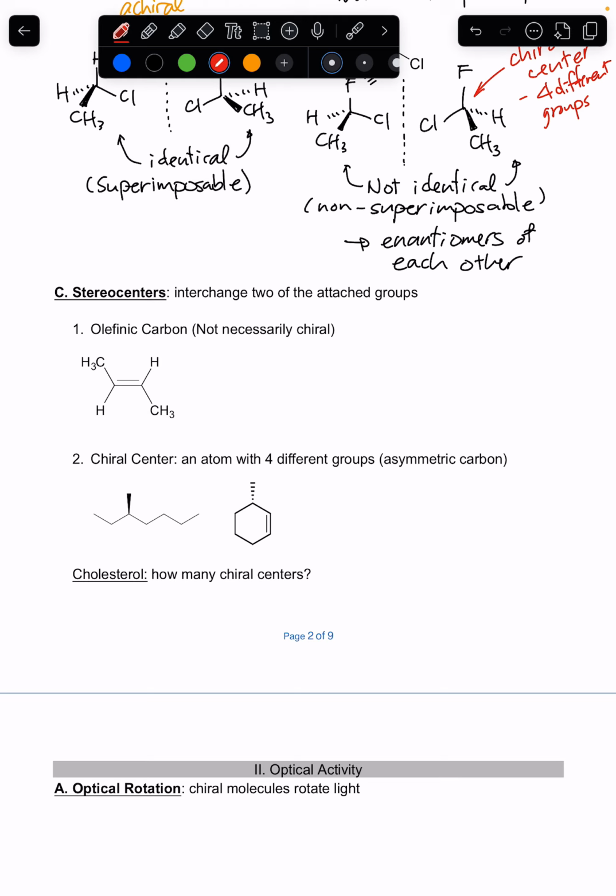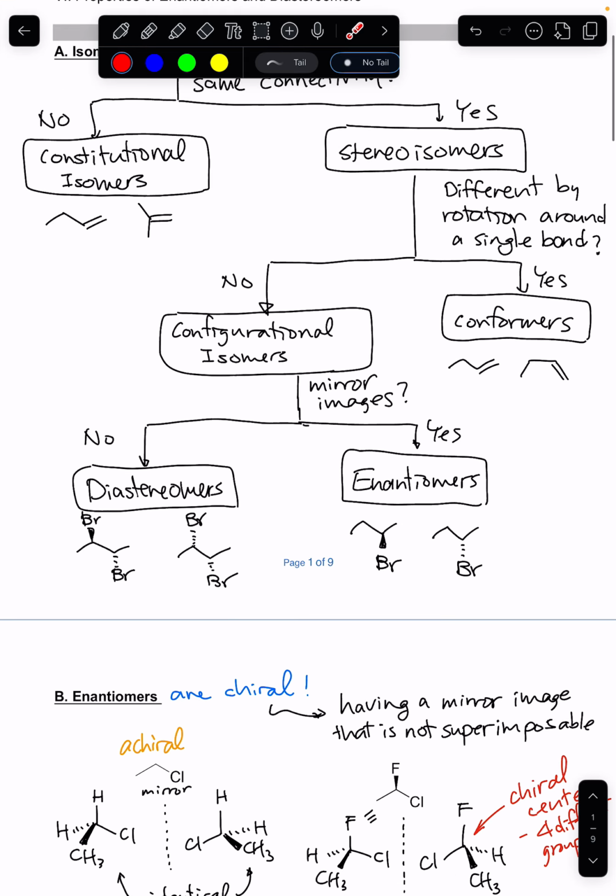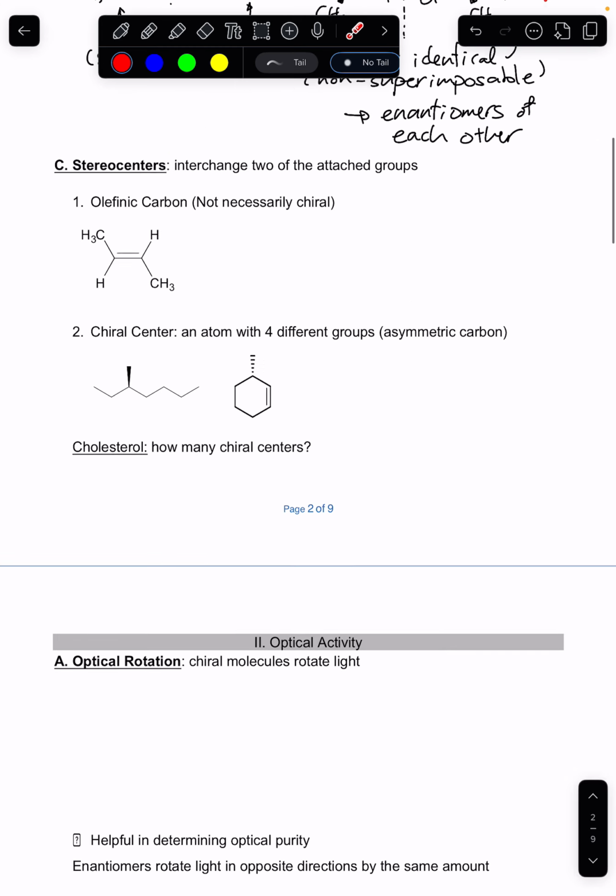A little bit more generic term is stereocenter, which includes chiral centers like the one we just talked about. Sometimes people call this a stereogenic center, because if you have a stereocenter, you're going to have a stereoisomer, excluding conformers. I should say you're going to have some sort of configurational isomers, whether enantiomers or diastereomers. Okay.